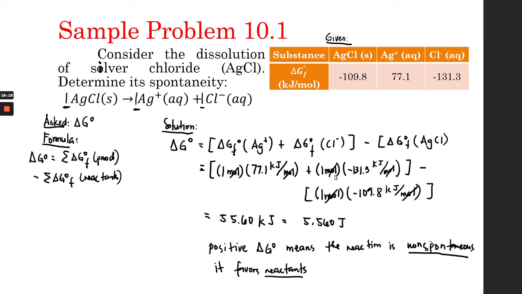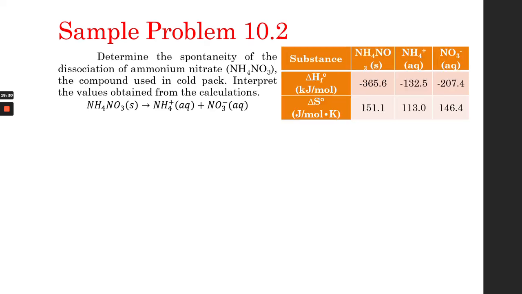There's another equation wherein we include the temperature itself, but it's usually used when we are given enthalpy and entropy. Since remember, Gibbs free energy is a combination of enthalpy and entropy, sometimes they give us enthalpy and entropy. So this is the enthalpy and this is the entropy.